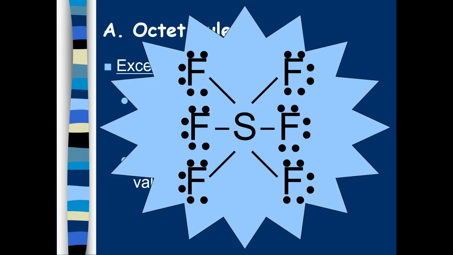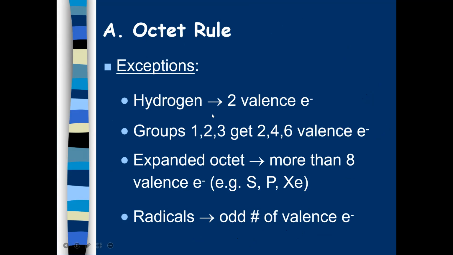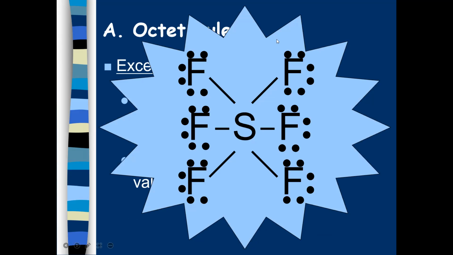Like, let's look at this guy. And by the way, this is another way of writing Lewis structures, which I prefer because now you know that these are the bonds. Each one of these lines in here represents 2 of those electrons. So if we were to circle Mr. Sulfur, sorry, I meant to get this guy.